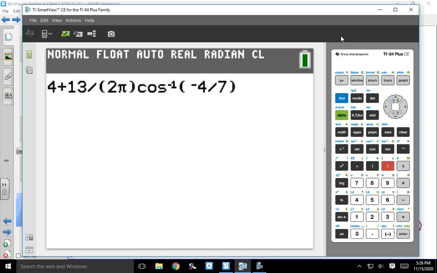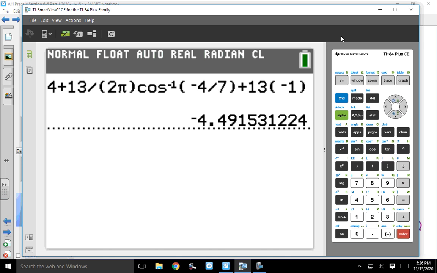And then add on your 13 times n, and again, we're starting out at n equals negative 1. So that's our first solution there. We're using the plus in front of the cosine inverse, and we're using n equals negative 1. And we're claiming that that answer should be around negative 4.5, which is what we came up with graphically, and even that negative 4.491 was our approximation numerically.